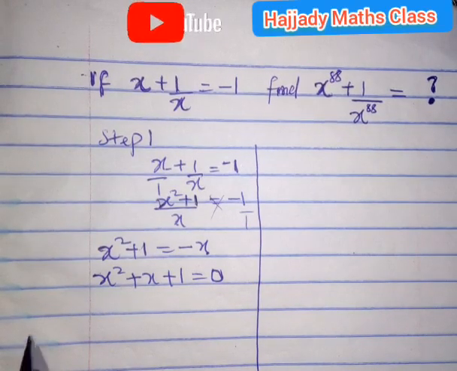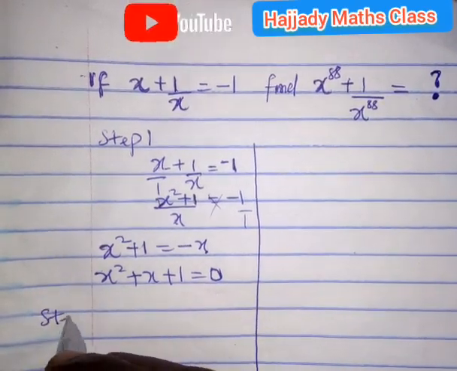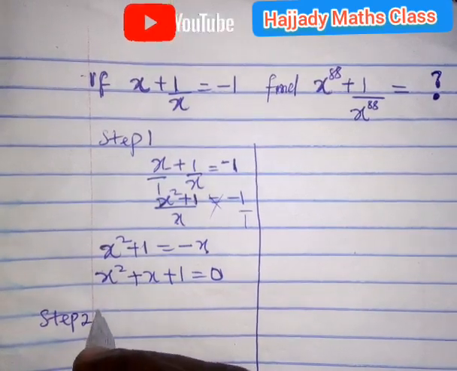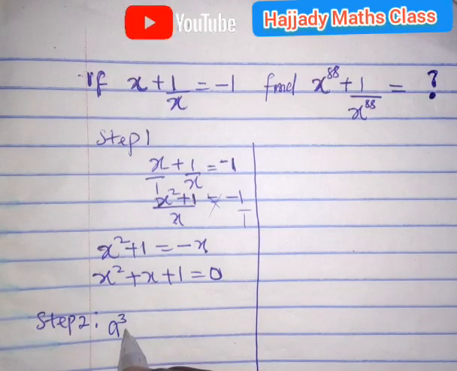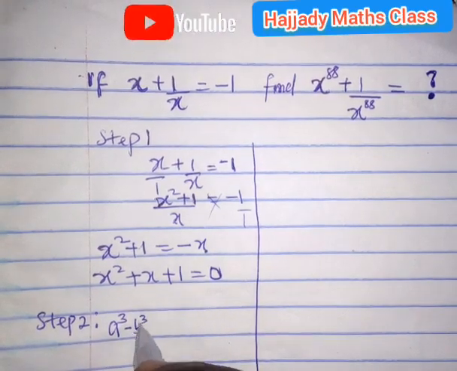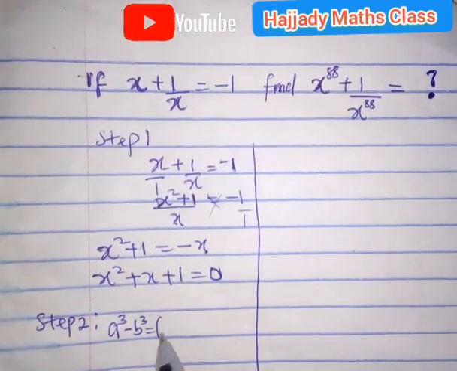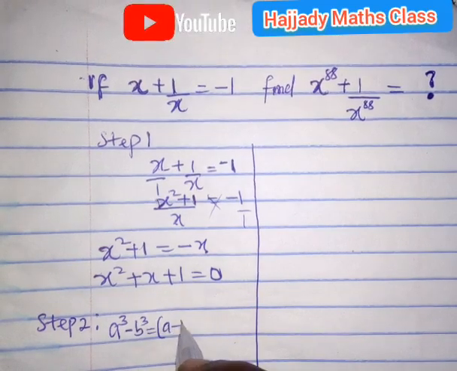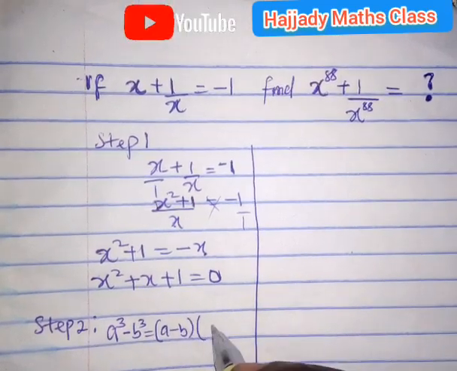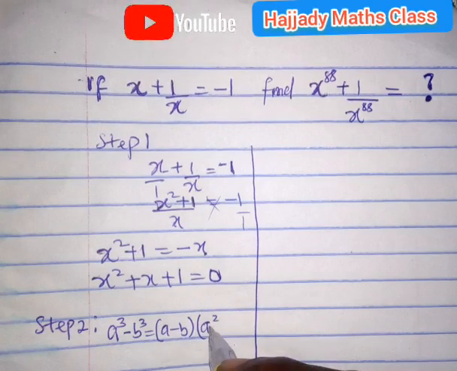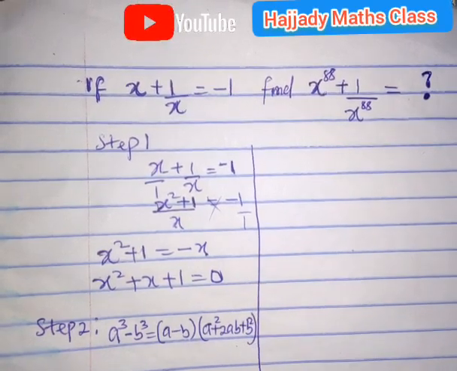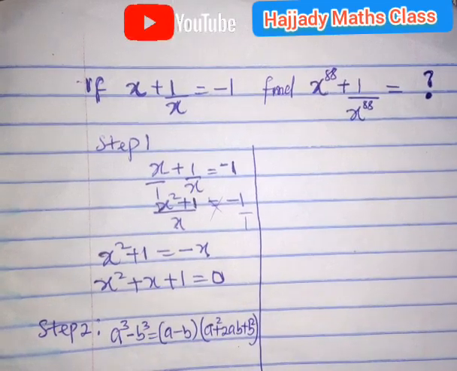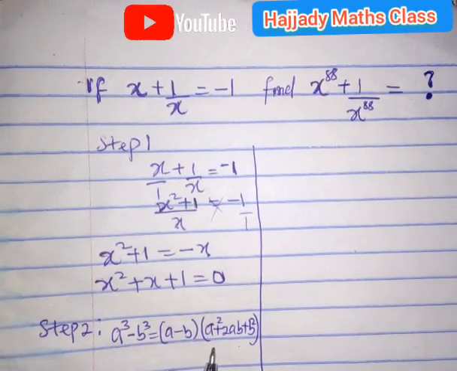Now, our step 2. Don't forget that if we have a raised to power 3 minus b raised to power 3, this can be written as a minus b into bracket a squared plus ab plus b squared. This is the basic expansion that we all know.